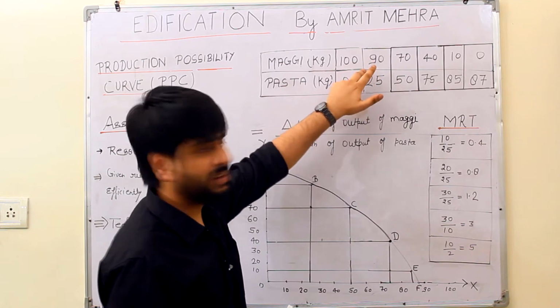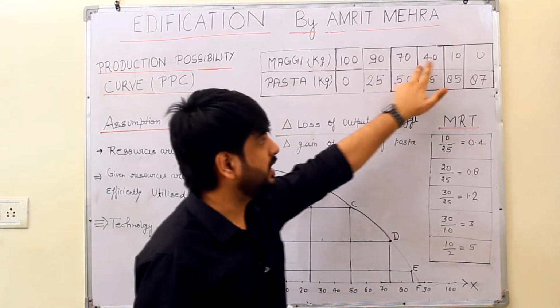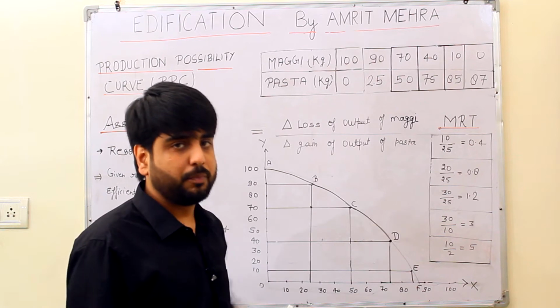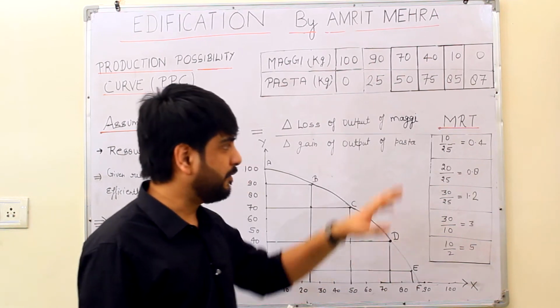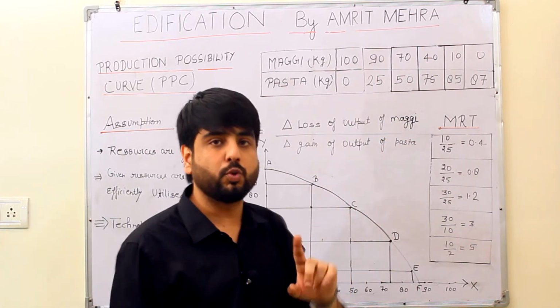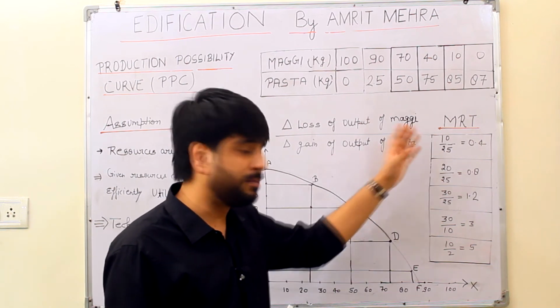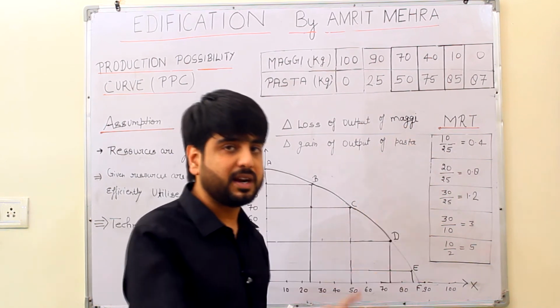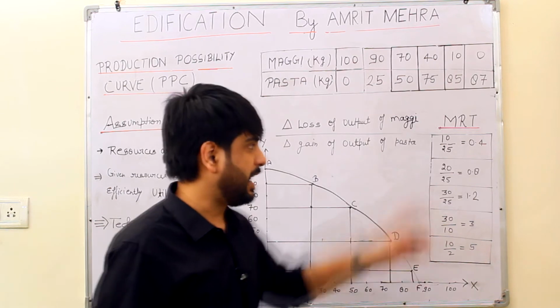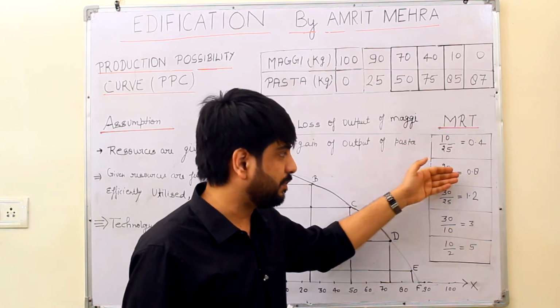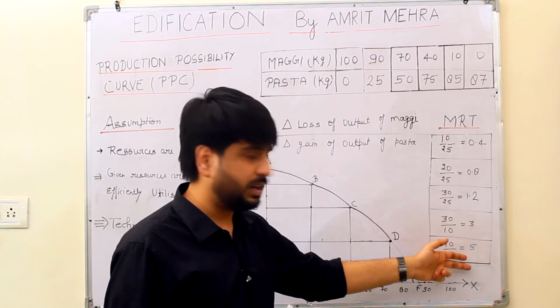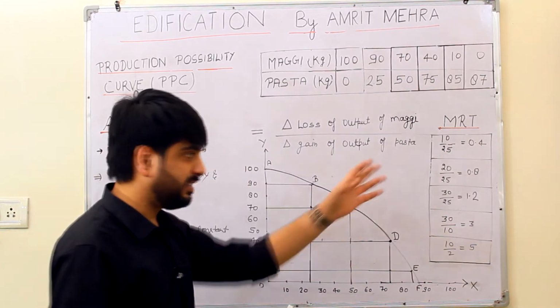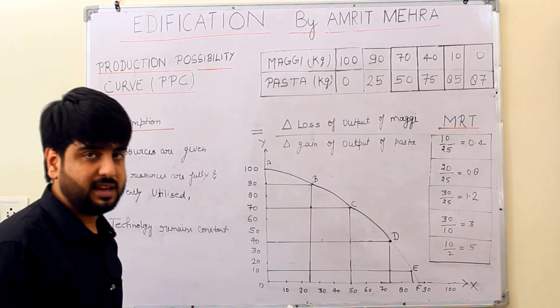First we sacrifice 10, then we sacrifice 20, 30, 40 and so on. So because of that, the value of MRT is always supposed to increase. There is generally a 1 mark question upon this, whether MRT should increase or decrease. MRT, as we can see, is always supposed to increase, 0.4 till 5. Now this MRT is the slope of PPC.